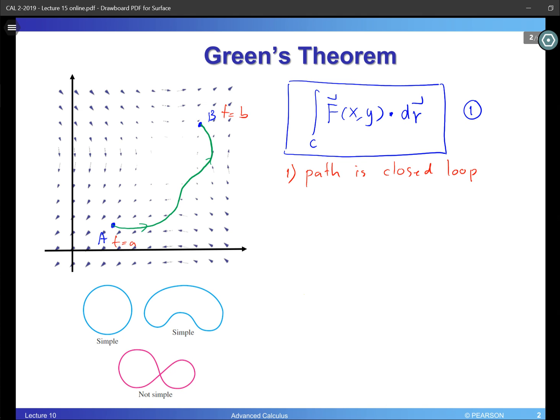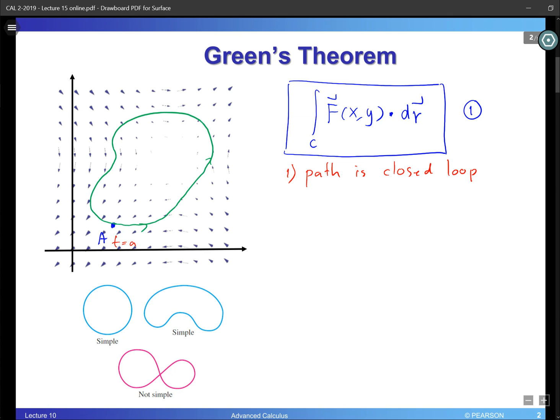It's going to be a loop if your path comes back to the original location. What if you continue this? What about you erase this point B, and you create something like this, a path that comes back to the original point.